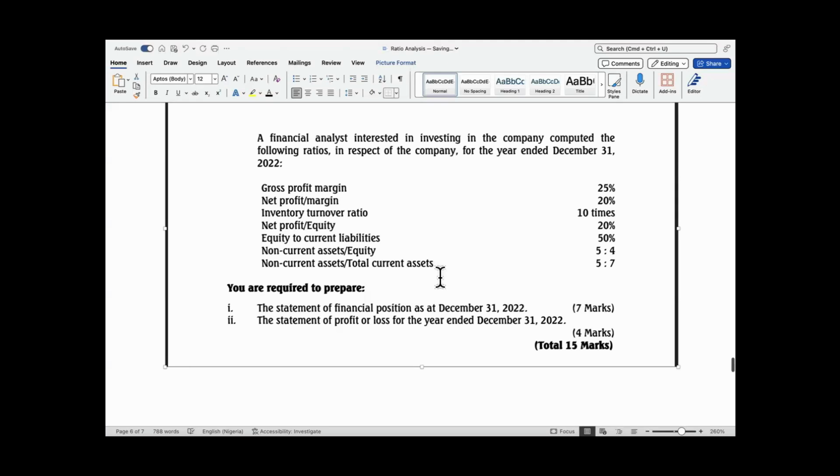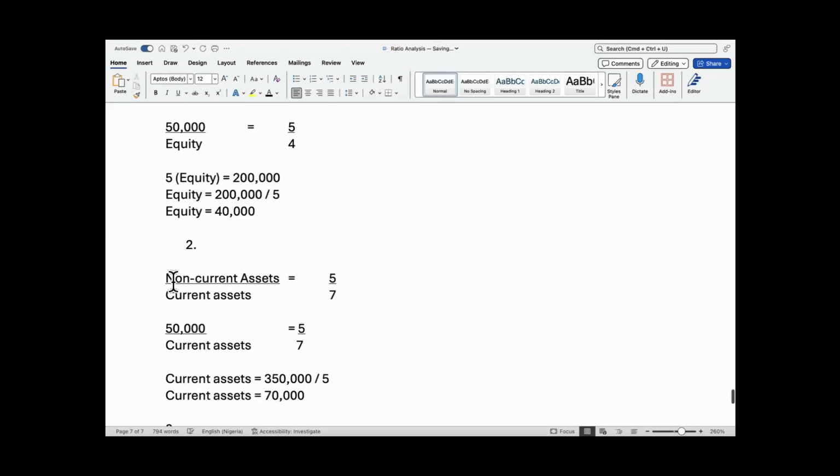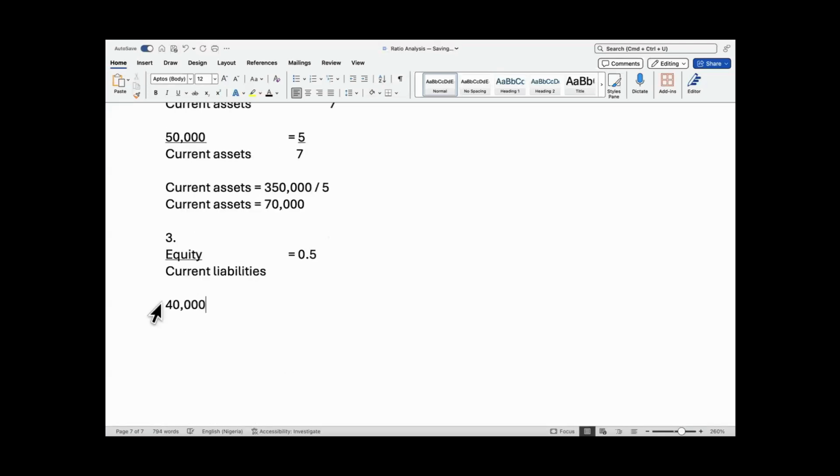So workings 3, equity to current liabilities is 50%. I can say 0.5. And having gotten my equity to be 40,000 from workings 1, divided by my current liabilities equals 0.5.